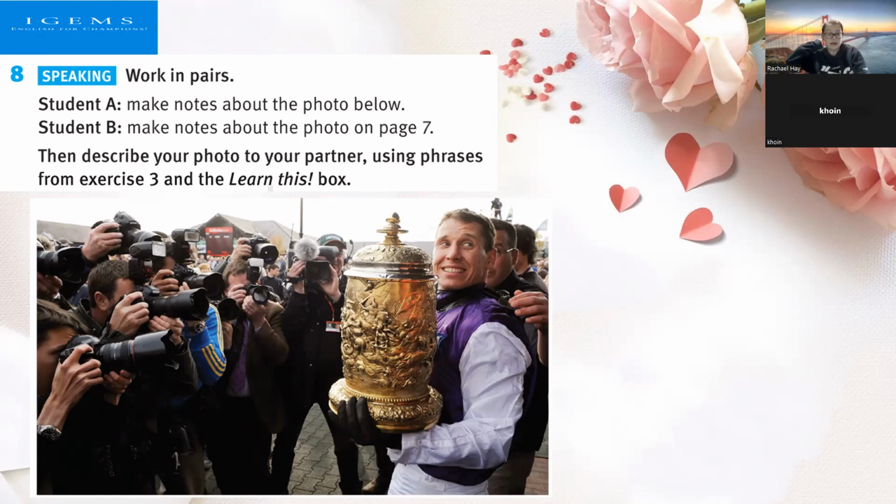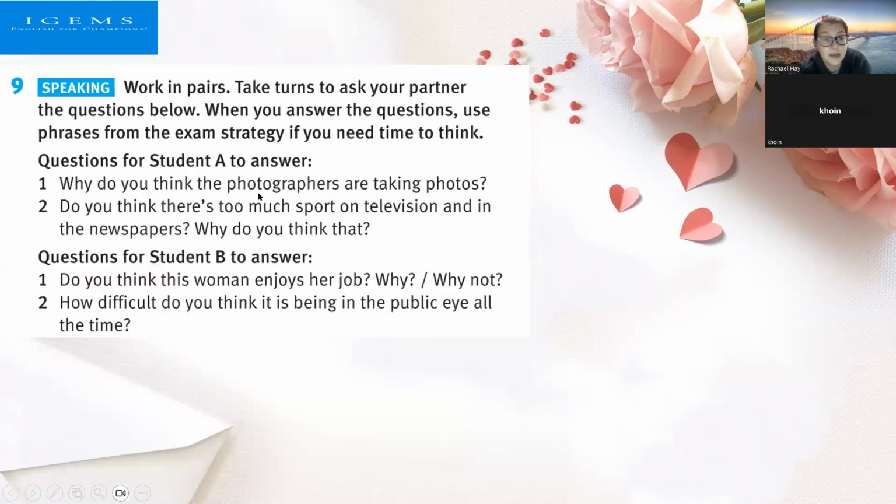Good. To me, that doesn't look like an artifact. He looks a little bit too well dressed for that to be an artifact. I think maybe it's a type of trophy. Okay, so why do you think the photographers are taking photos?